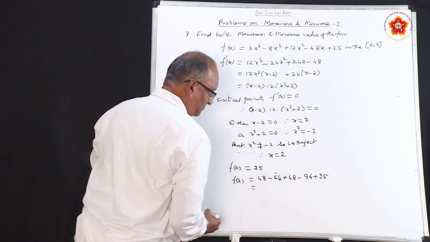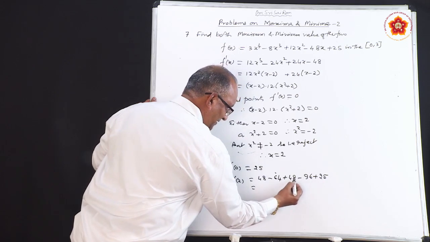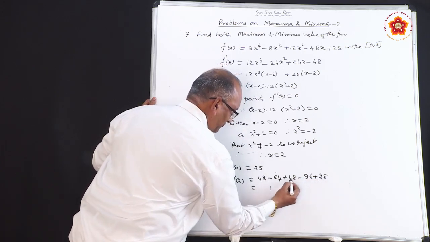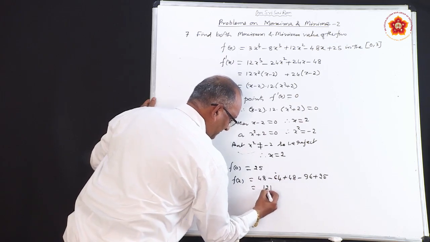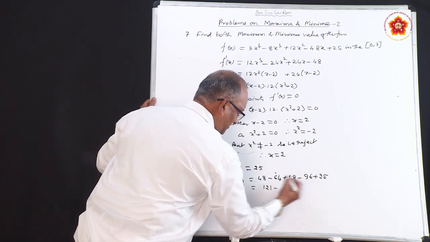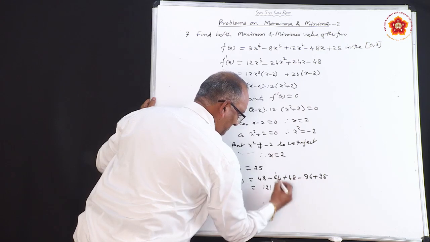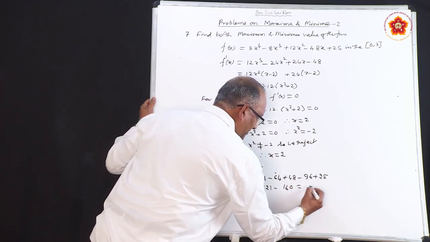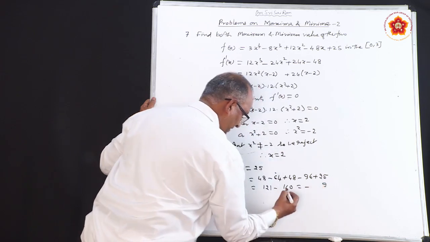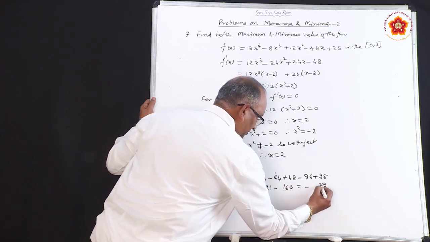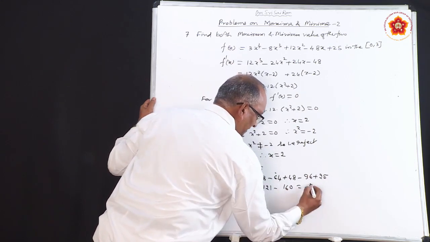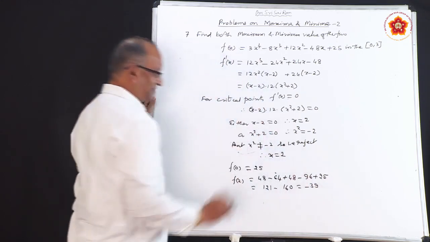Add the terms which are positive, 5 plus 8 is 13, plus 8 is 21, 4 plus 4 is 8, plus 4 is 12. Add the negative terms, 6 plus 4 is 10, 10 plus 6 is 16, subtract, minus 39. So, this is minus 39, leave it as it is.